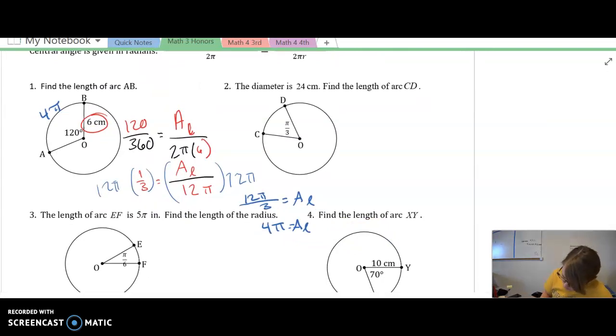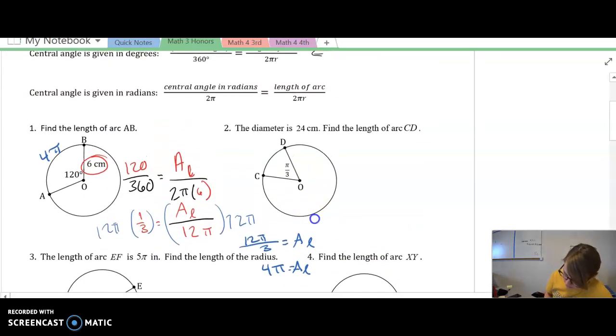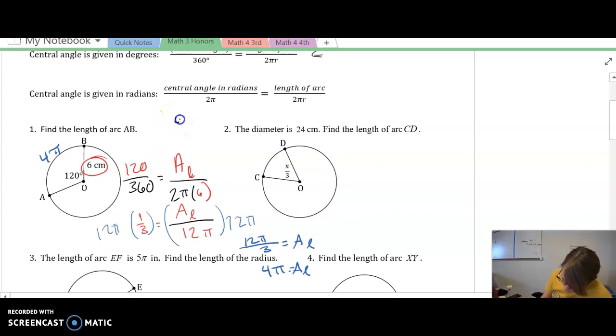So 4 pi is going to multiply by 180 over pi, and that will give us 720. So in degrees, our arc length is 720.